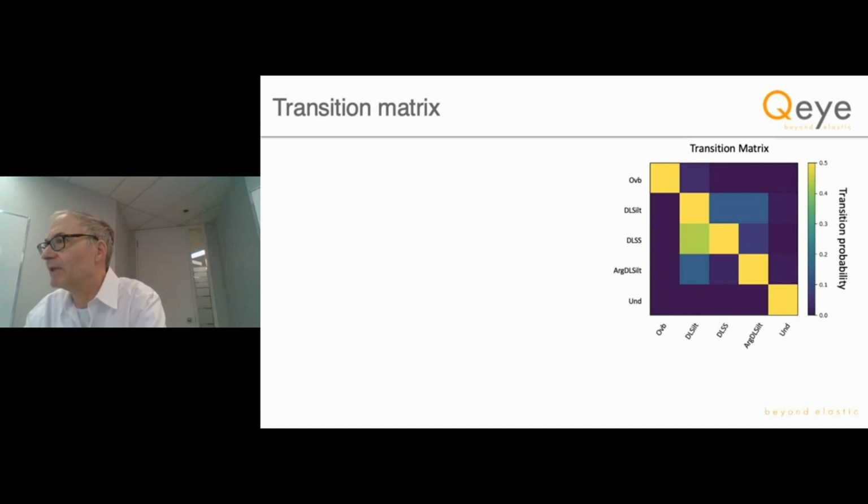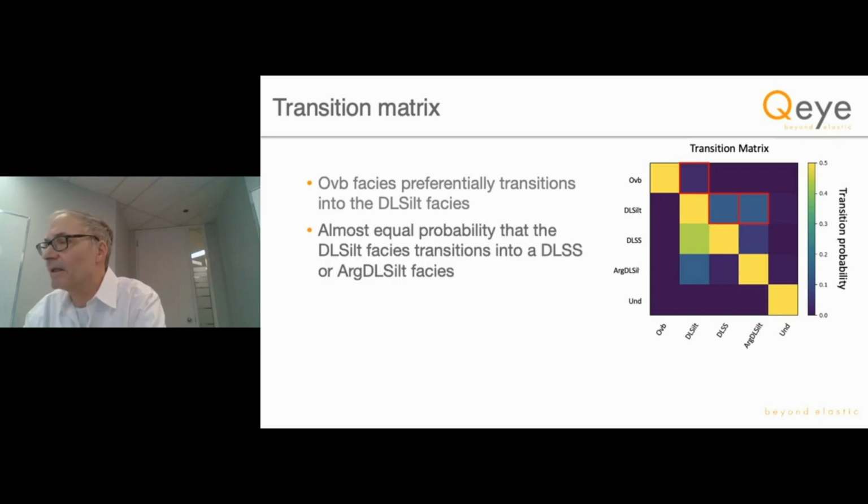So here we have the transition matrix for these facies, and you can see that the overburden facies preferentially transitions into the dolomitic siltstone facies. There's an almost equal probability that the dolomitic siltstone facies transitions to the dolomitic sandstone or the argillaceous dolomitic siltstone facies. That's shown by these two probability points in the off diagonal in the transition matrix in these colors.